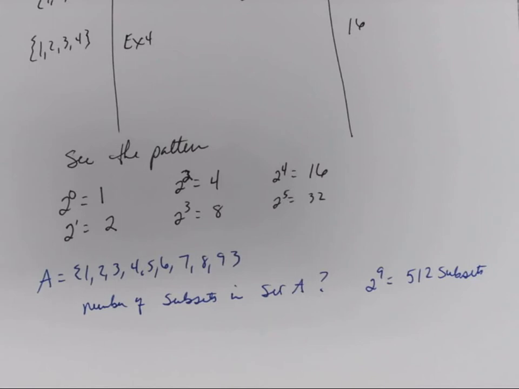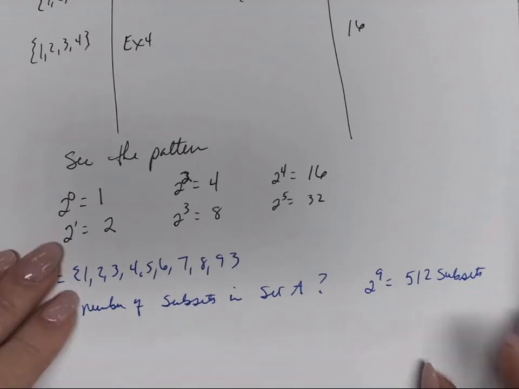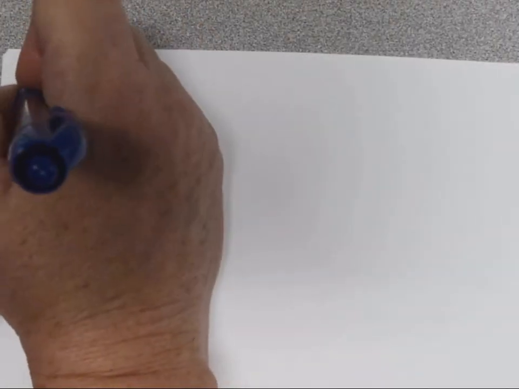All right, so let's go look at example 5. So just remember that it's 2 to whatever number. Actually, this would be example 6 because that was example 5.